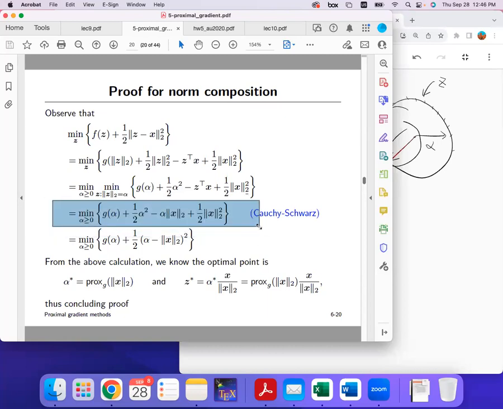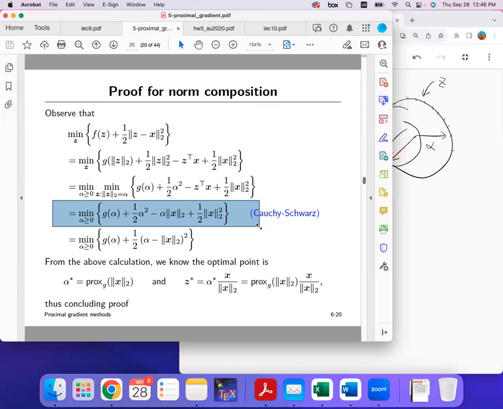Now, once we solve the inner minimization problem, then we consider the outer minimization problem. And this line is simply minimizing over alpha bigger than or equal to 0. The minimization is G of alpha plus some quadratic terms in alpha plus a constant.